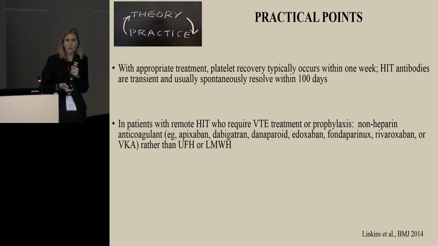And you need, of course, to give thromboprophylaxis in these patients. The question is what you give. It is recommended to avoid thromboprophylaxis with heparins, and to give non-heparin anticoagulants, even in this phase of remote HIT, so in a patient with a history of HIT. And I think this is a very useful recommendation.